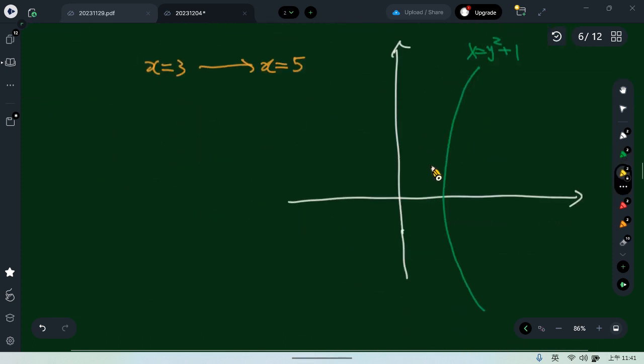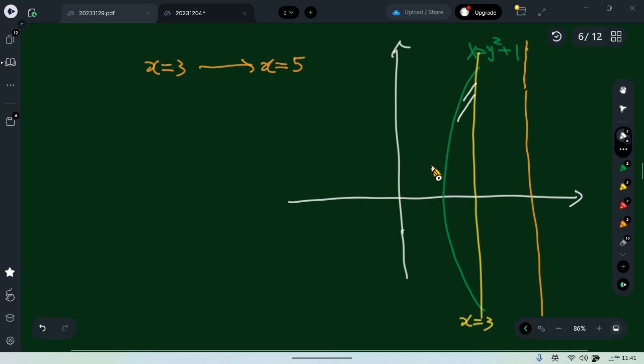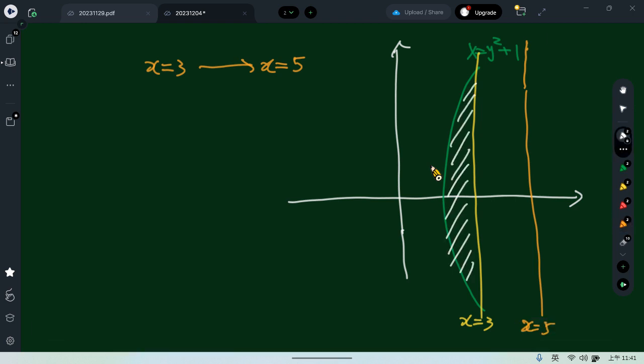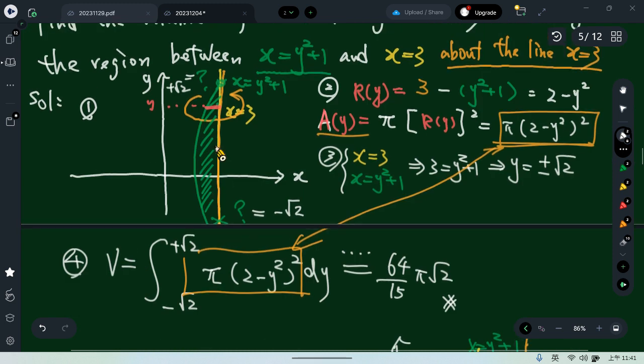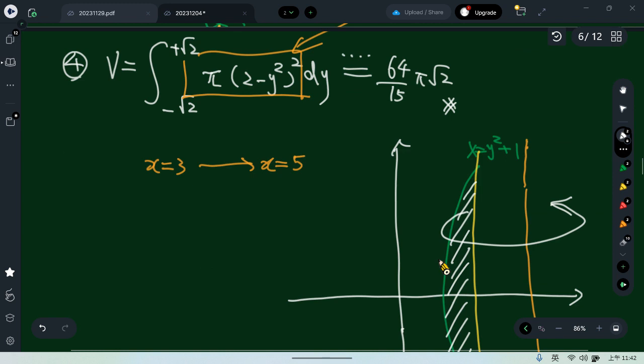But our boundary is this one, s equals 3, and our axis is here. So if we just rotate, this one will be different from this one. How can we solve it?